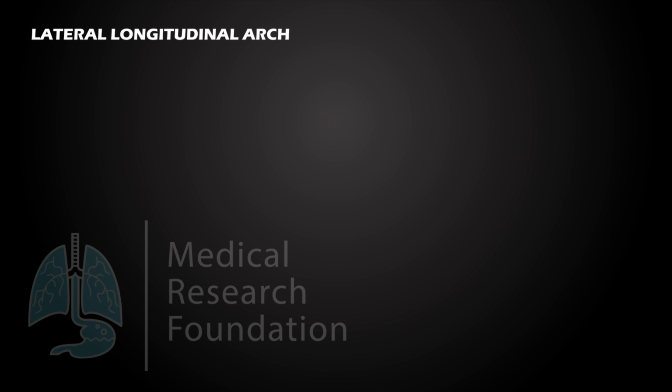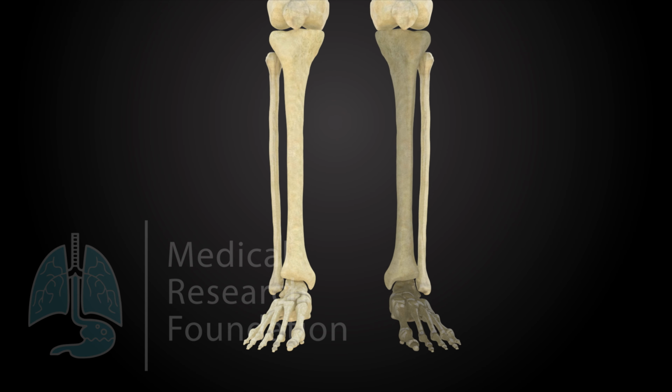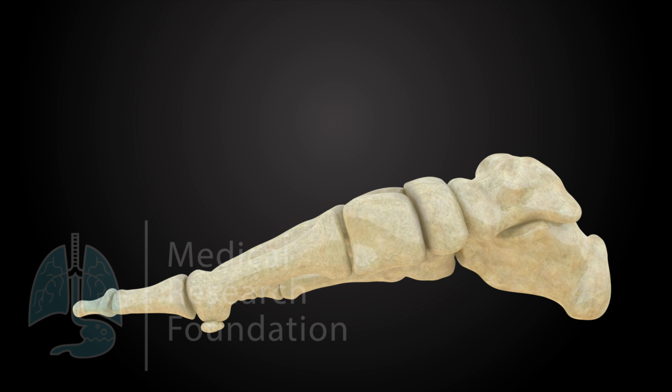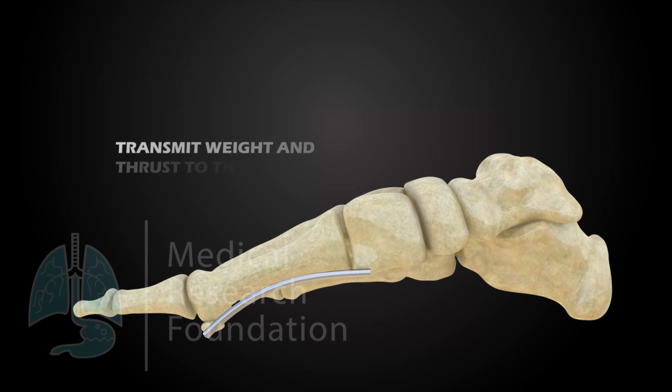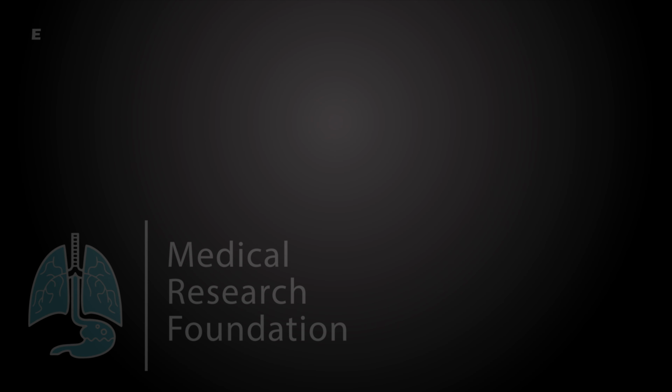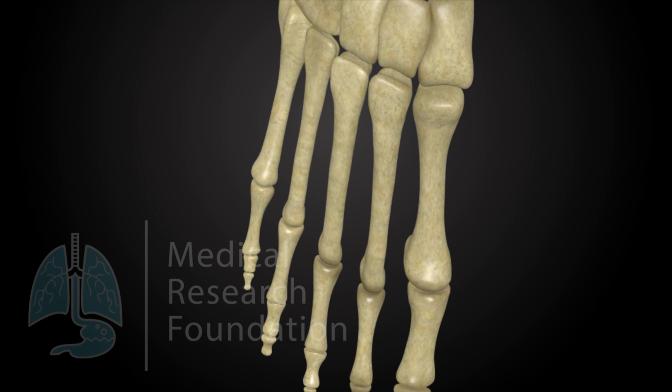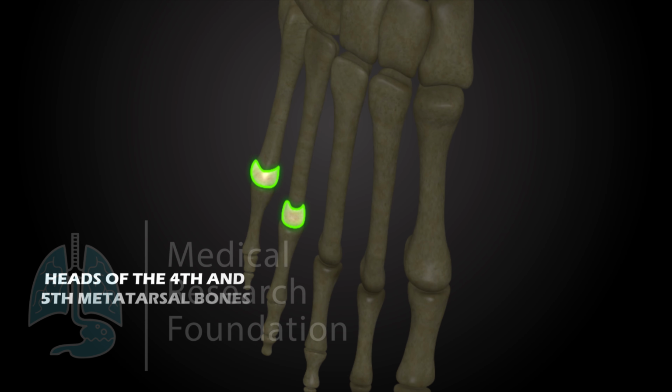Lateral longitudinal arch. This arch is characteristically low, has limited mobility, and is built to transmit weight and thrust to the ground. Ends. The anterior end of the arch is formed by the heads of the fourth and fifth metatarsal bones.